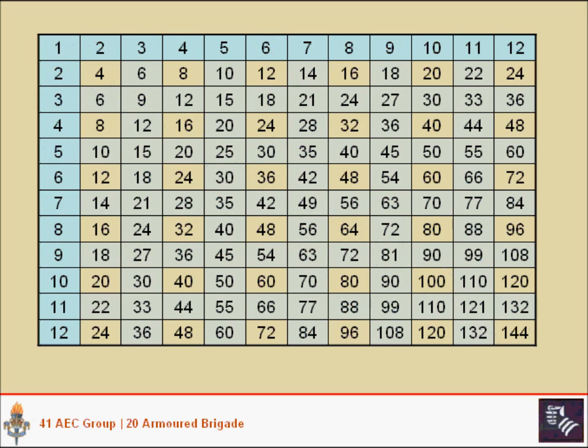Some numbers are what we call prime numbers. Prime numbers can only be divided by themselves, or the number 1. For example, 3 can only be divided by 1 or itself, whereas 6 can be divided by 1, 2, 3 or itself. This information can help us when we're dividing or multiplying.